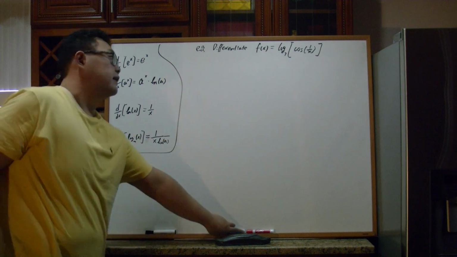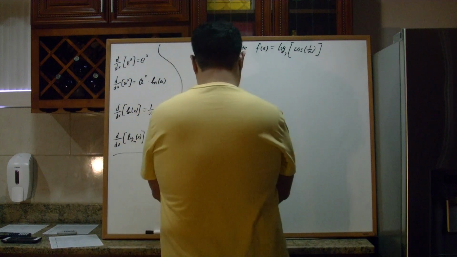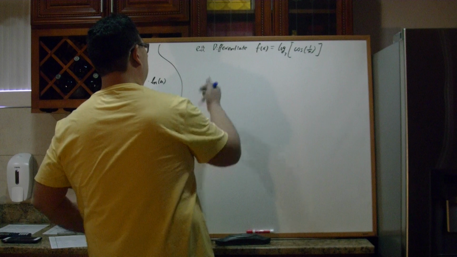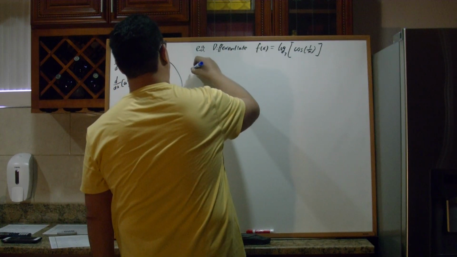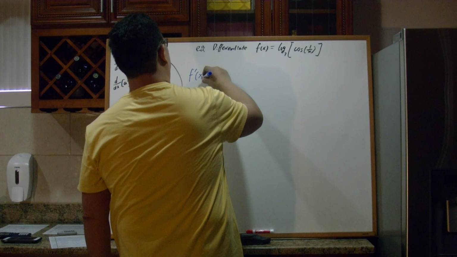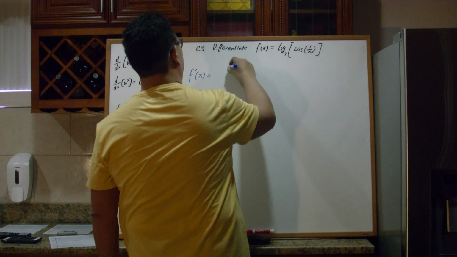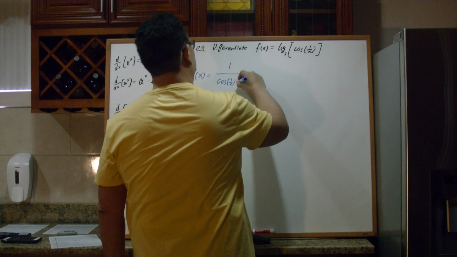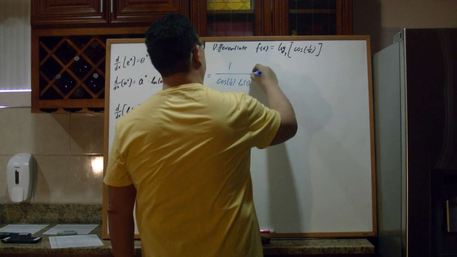We have the base is 7, so the derivative will have an extra coefficient on the denominator, nothing else but just that. F prime of x is 1 over cosine of 1 over x times natural log of 7.